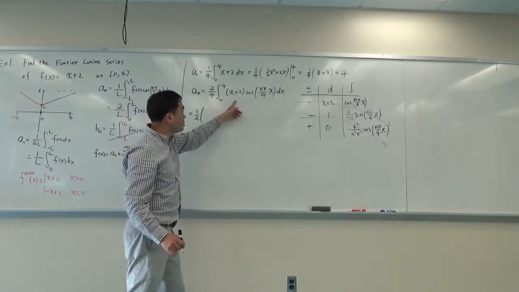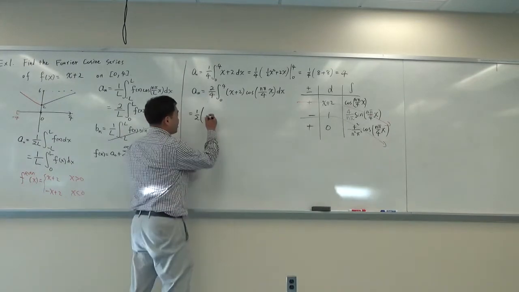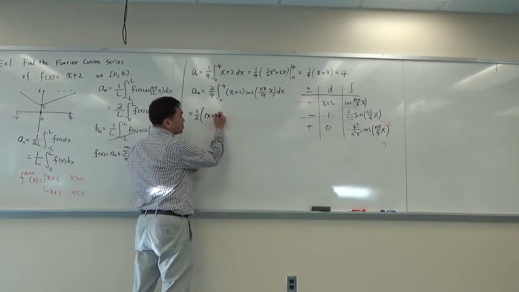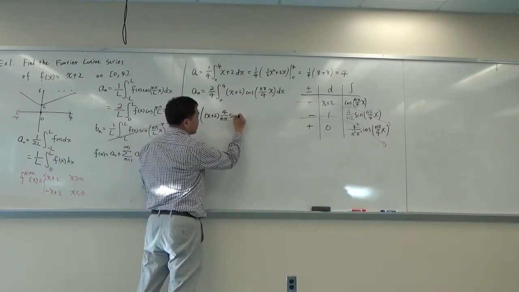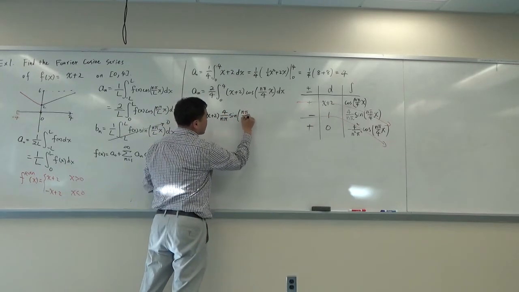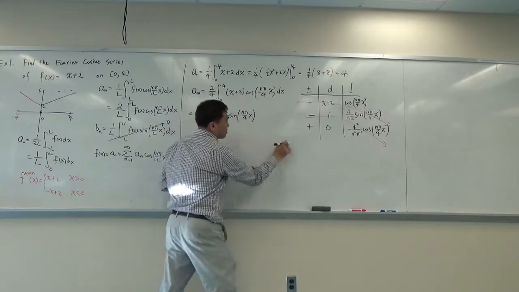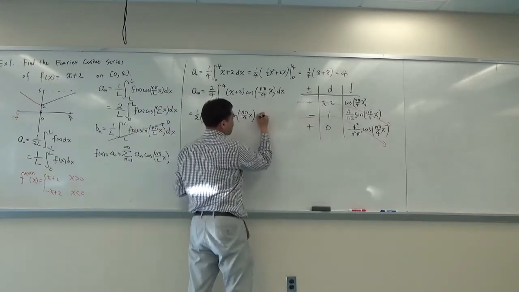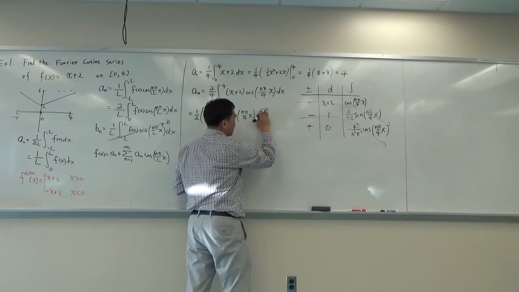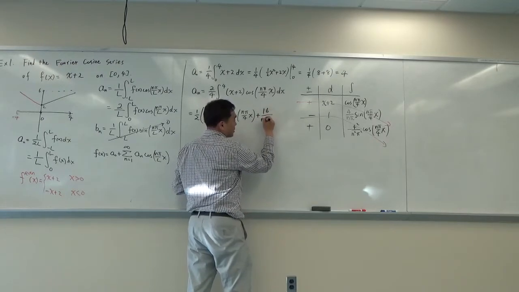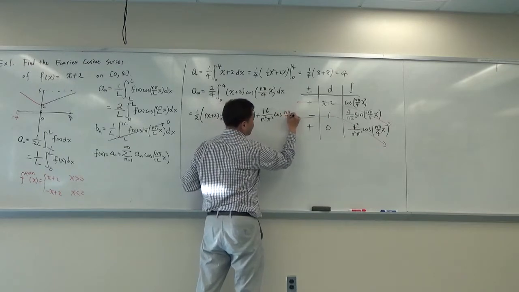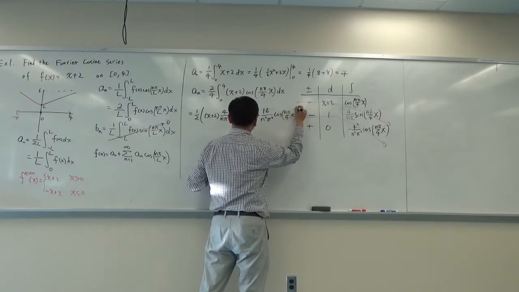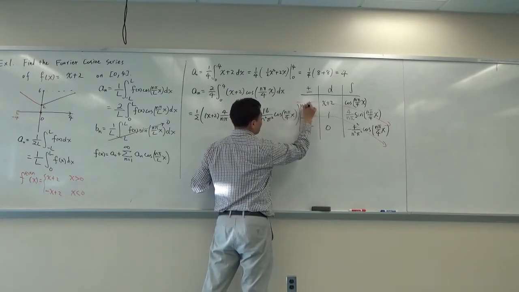And then the integral of this is x plus 2 times 4 over n pi sine n pi over 4 x. And then negative times negative is positive, so it's plus 4 squared, which is 16, 16 over n squared pi squared cosine n pi over 4 x. And then you plug in 4 and then 0.